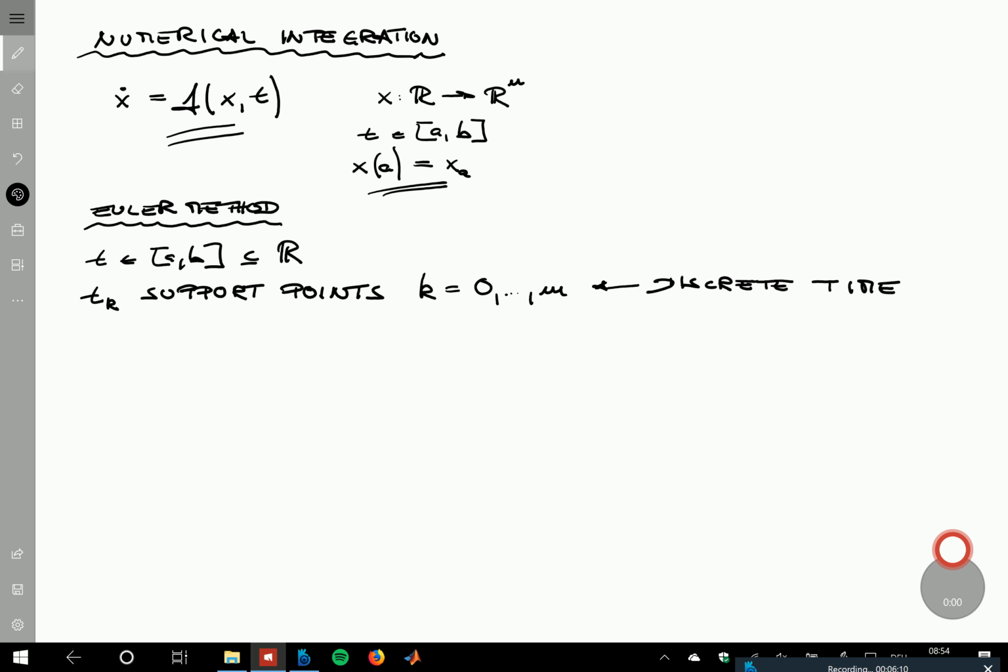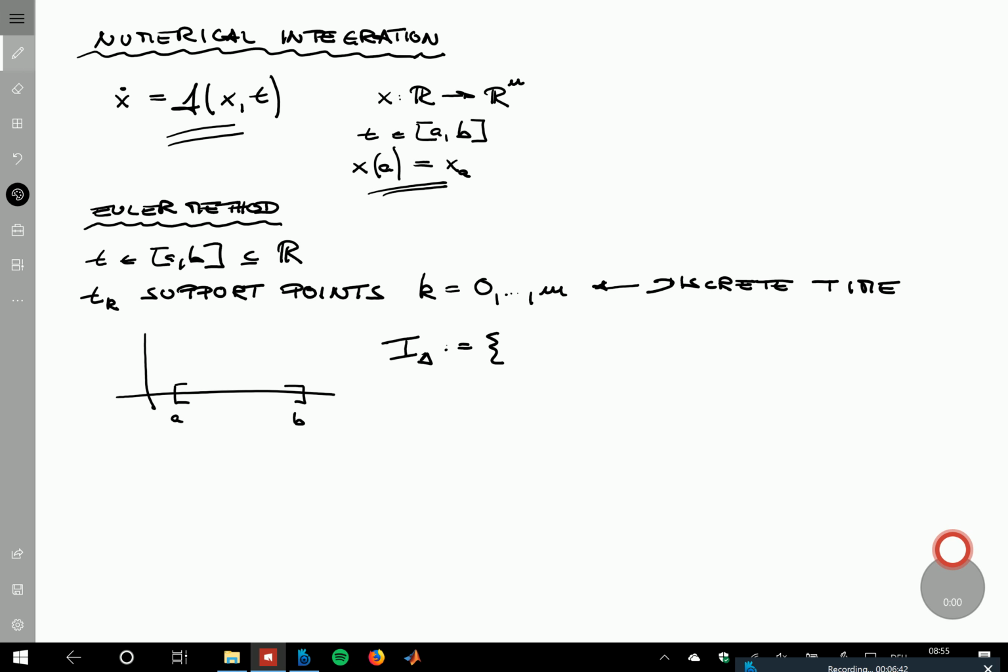And the way this is typically done, if there's interest in finding a solution for an initial value problem on this interval a, b, is that this interval is discretized into a set of support points, and here I'm denoting this as follows.